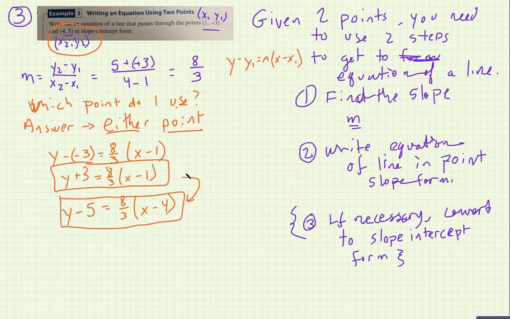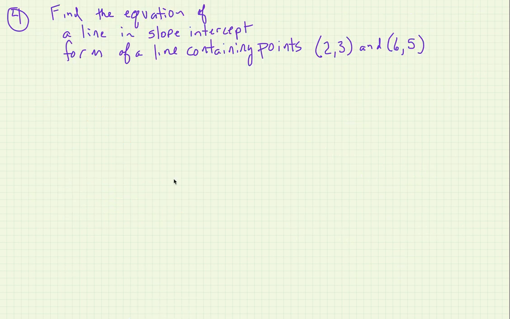That's one of the interesting things about point-slope form: there are lots of different versions of the same line. That's one reason mathematicians prefer slope-intercept form, because there's only one form of a line in slope-intercept, but there are many for point-slope. If I were to convert these 2 points into slope-intercept form, you'd actually get the same answer. We're going to do that later, but not on this slide.